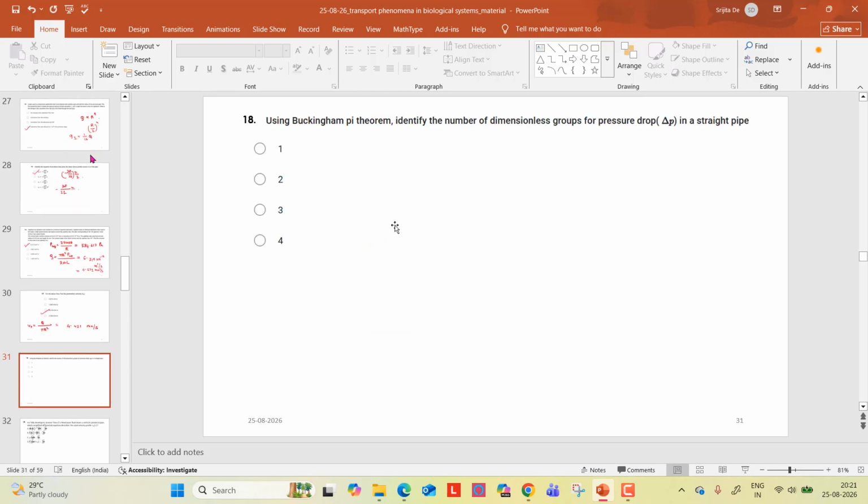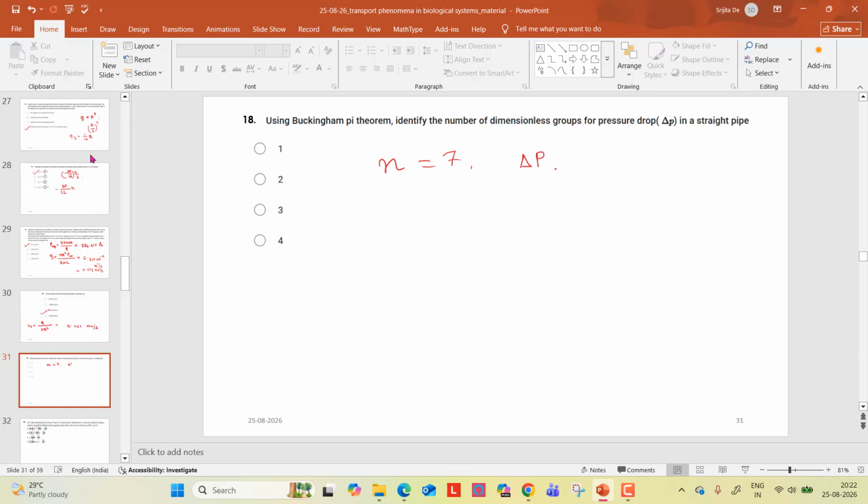Next, using Buckingham Pi theorem, identify the number of dimensionless groups for pressure drop in a straight pipe. So the total number of variables is 7. How am I calculating?